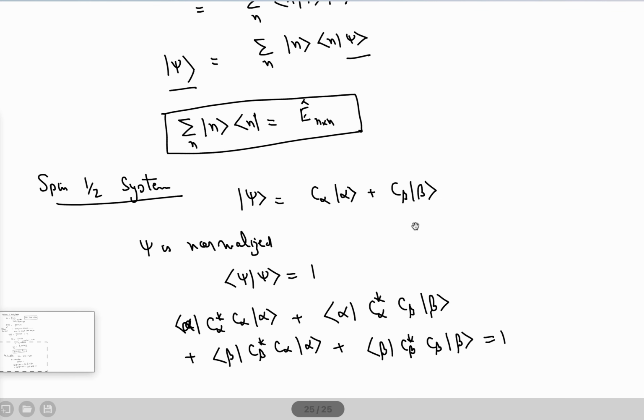Okay, now that means this implies that C alpha star C alpha plus C beta star C beta equal to 1.